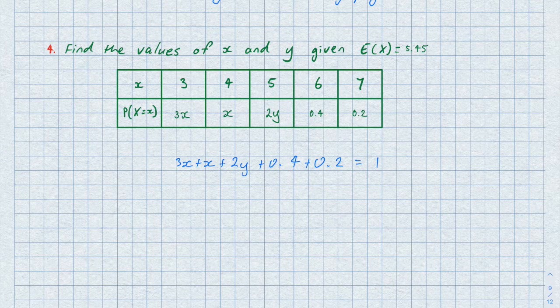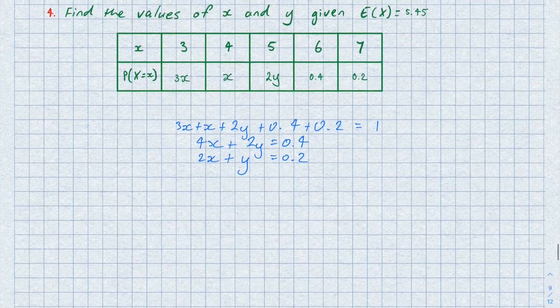So if I simplify that a little bit, I've got 4x plus 2y, 0.4 and 0.2 make 0.6. I'm going to subtract those from each side, so that equals 0.4. Let's halve those. So 2x plus y is equal to 0.2. So that's our first piece of information.